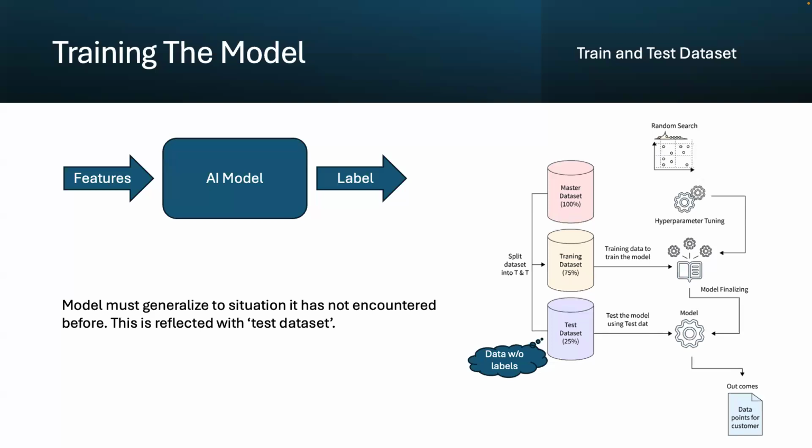Now, once we have built our model, we want to test it. And at that time, we would feed in the rest of the data, 25% data or 20% data, however you decide. And when we feed this, we would feed it without the actual house price. And then we would compare what the AI system predicts and what the real house price was.